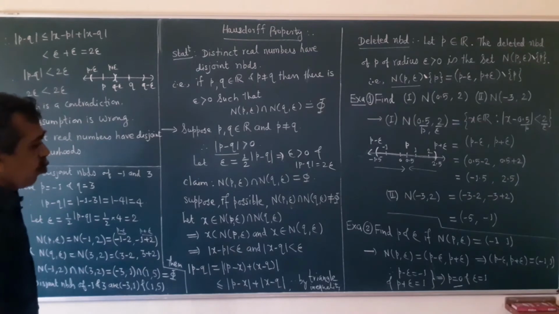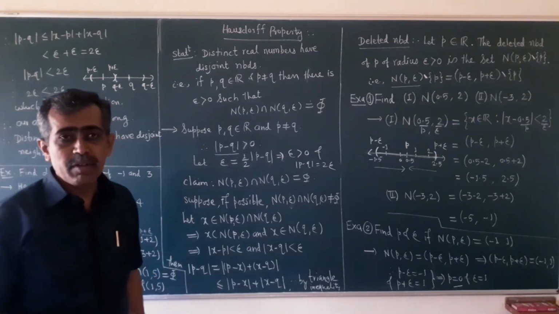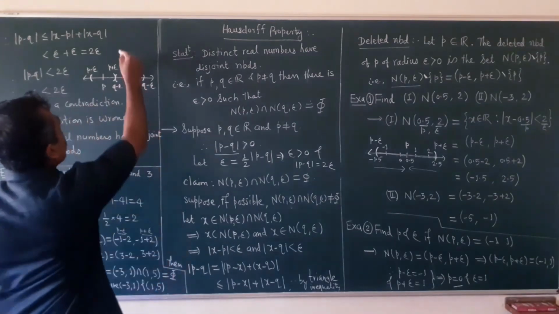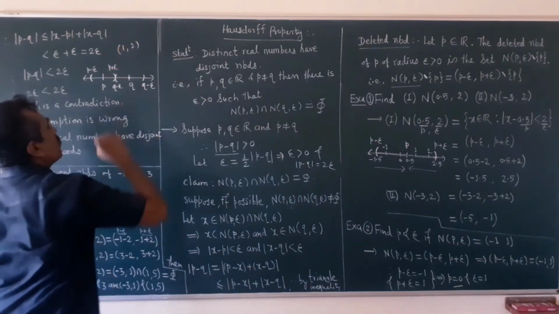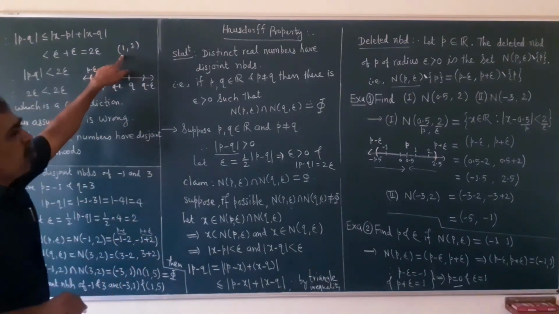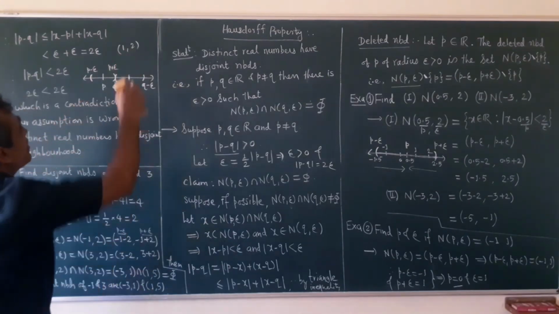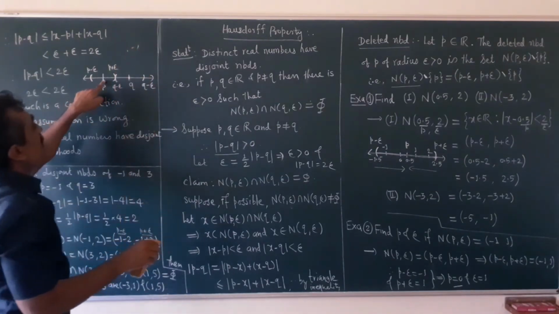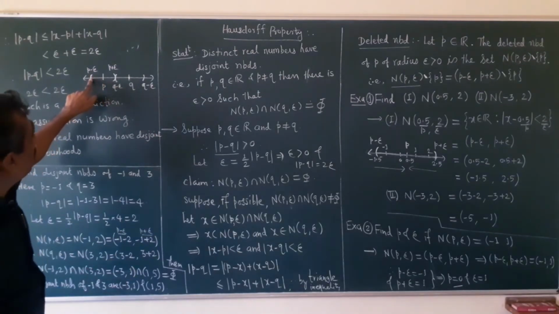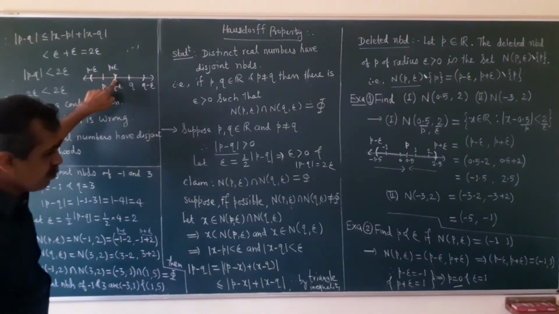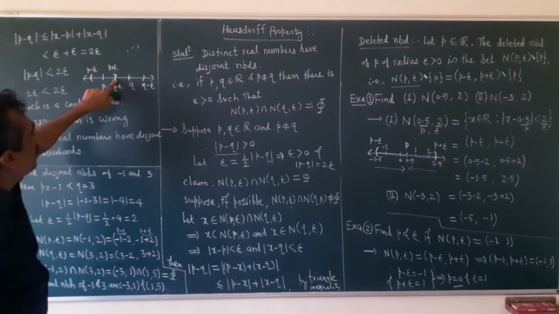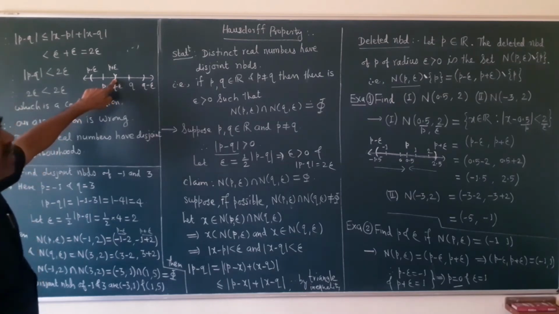Okay. So now see here, whether these two intervals have anything common. When I consider the open interval (P minus epsilon, P plus epsilon), for example, suppose I consider the open interval (1, 2). Whether 1 belongs to this? No. Whether 2 belongs to this? No. So when I consider the neighborhood of P as the open interval (P minus epsilon, P plus epsilon), whether P minus epsilon belongs to that set?